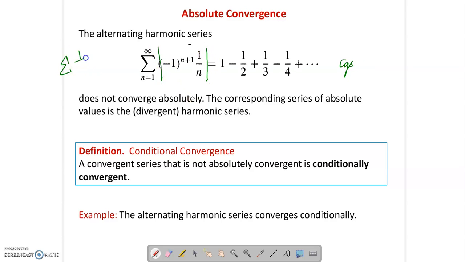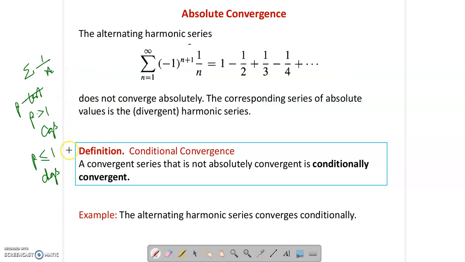So what will be that series? When you take the series of absolute values, it will turn out to be this series. Now this is a harmonic series and it is a divergent harmonic series. We proved this by the P series test, which says that when P is greater than 1, the series 1 by n to the power P converges, and when P is less than or equal to 1, this series diverges.